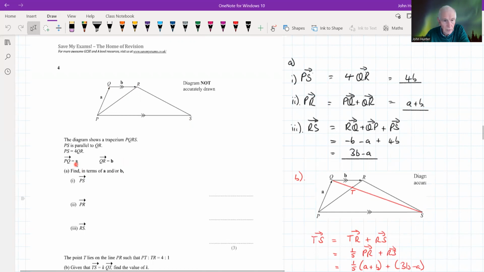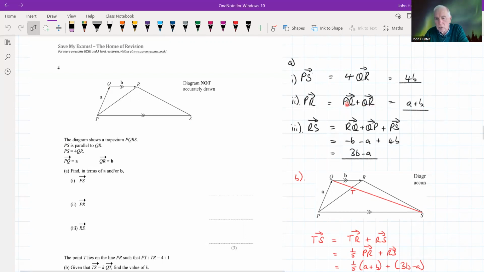Okay, so PQ equals A and QR equals B. So that's what we've got there. Find in terms of A and B, PS. Okay, PS, well, we've just done that, haven't we? PS equals 4 times QR. QR is B, so that's 4B. Next, PR. Now we can do an expansion on PR, and the idea is to expand it in order to get it in terms of things that we know.